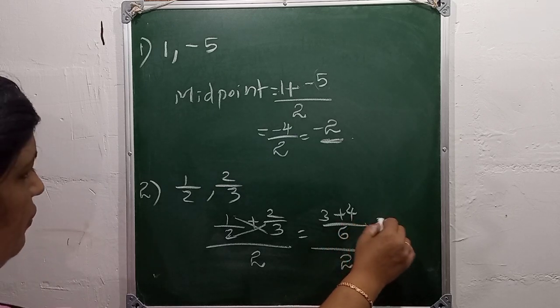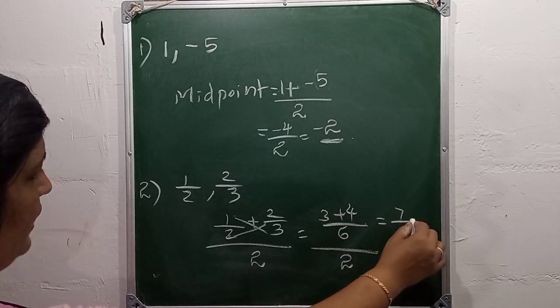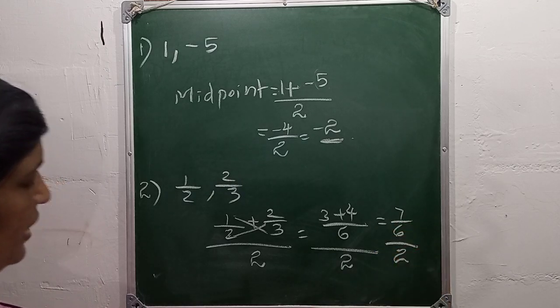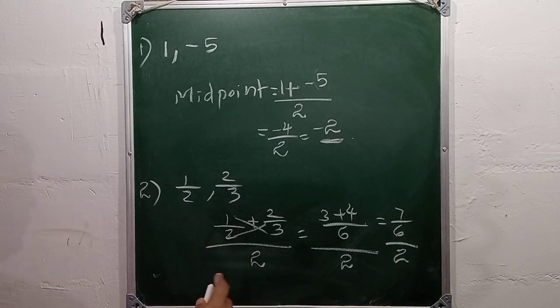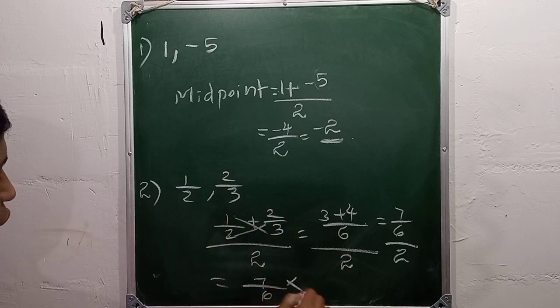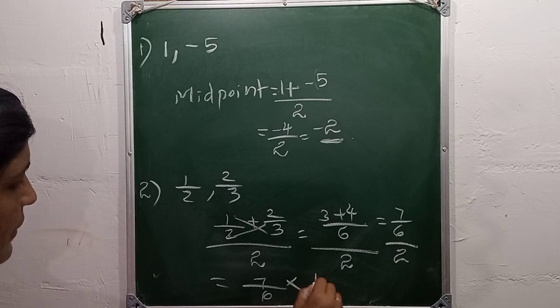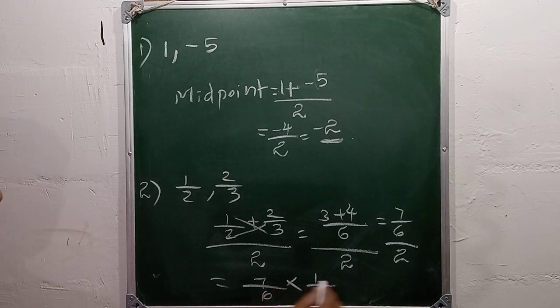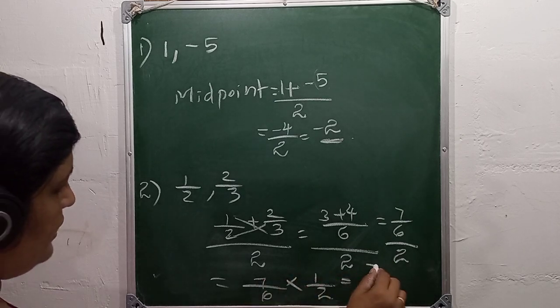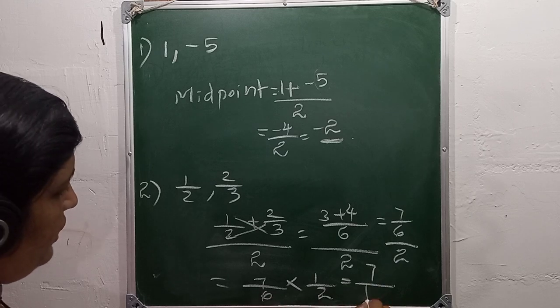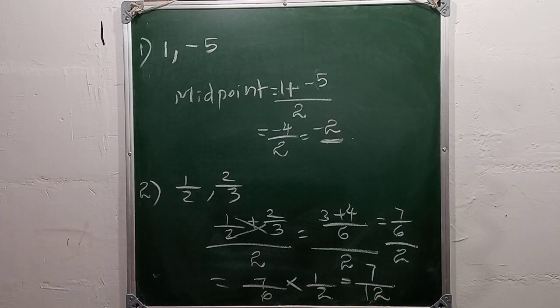Then 3 plus 4 is 7, so 7 by 6 by 2. A fraction divided by a number means the fraction into the reciprocal of this number, that is 1 by 2. So 7 into 1 is 7, 6 into 2 is 12. So 7 by 12.